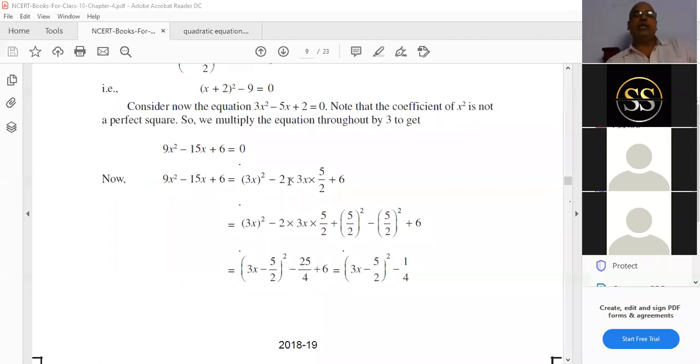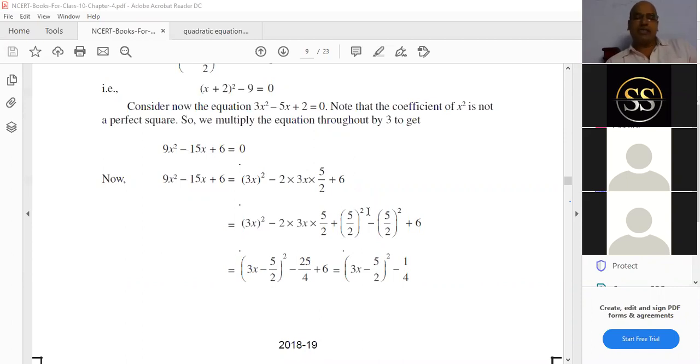2 into a into b. Now my b is 5 by 2. So we have a square minus 2ab. To get a square form, I want the third term, b square, so I add it. Now in the next step you see, my b square term is this, 5 by 2 whole square.